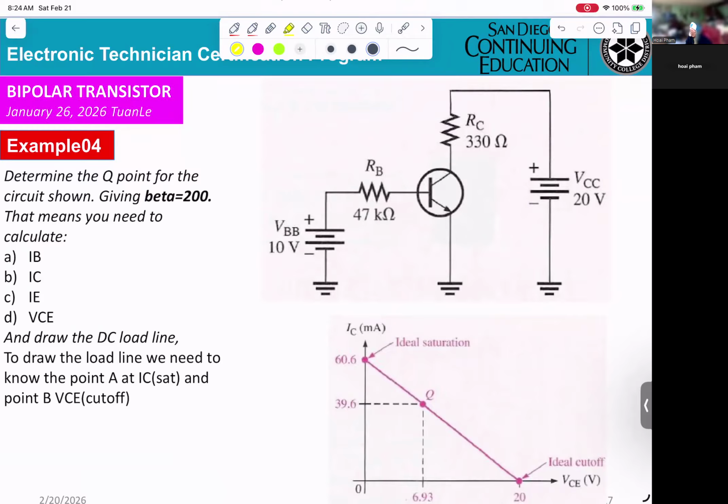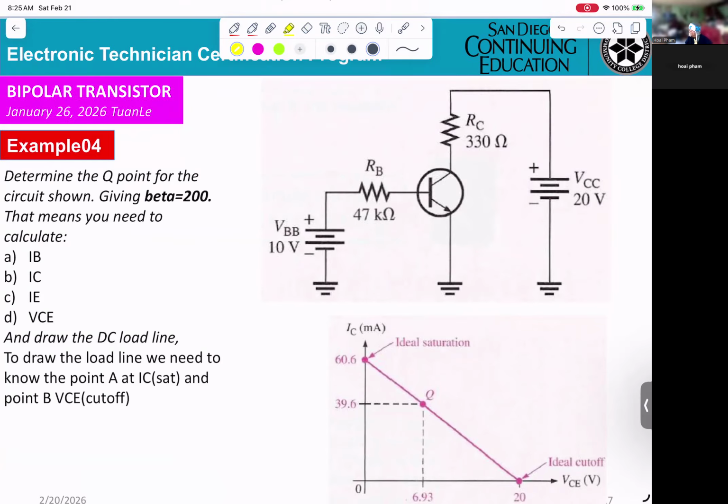To draw the load line, we need to know point A and point B. We know point B will be equal to VCE when the transistor is in cutoff. And now, for point A, you need the current IC.